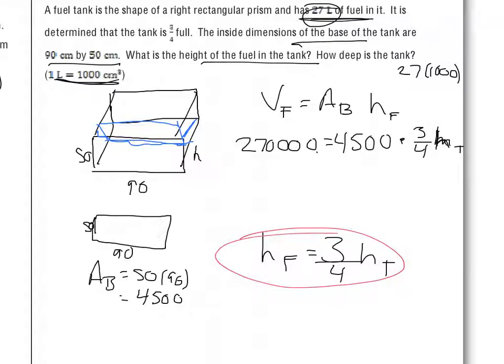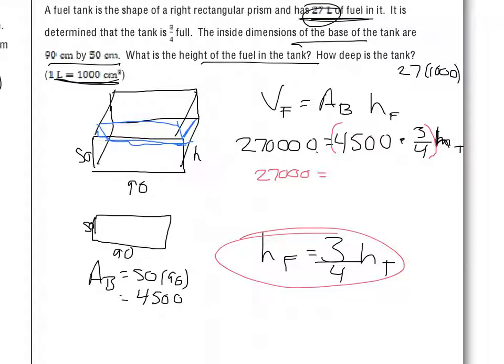So now I have this equation. 27,000 is equal to 4,500 times 3/4 times h of t. So I'm going to simplify this by multiplying the 4,500 times 3/4. If you want to put that in as 0.75, you can definitely do that.